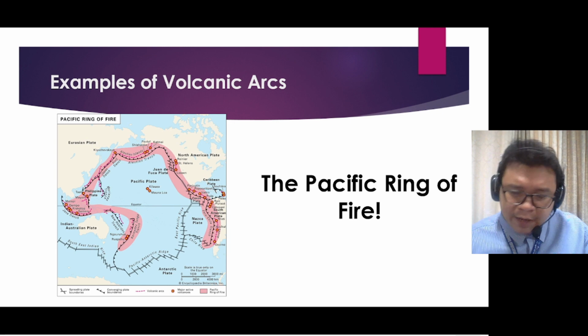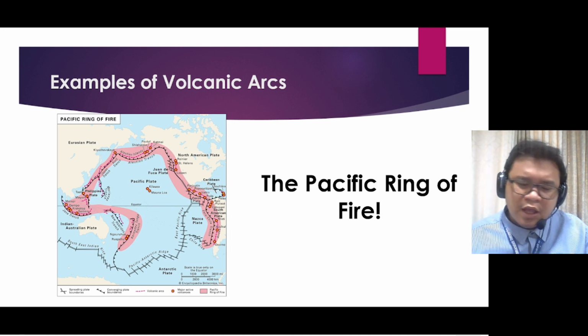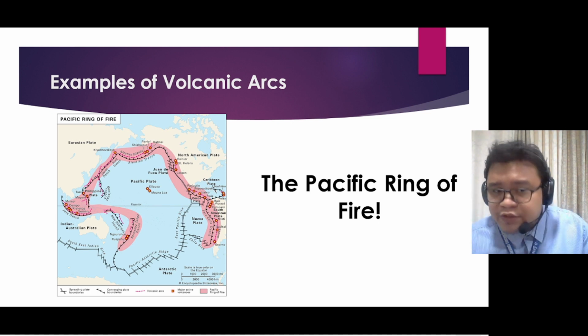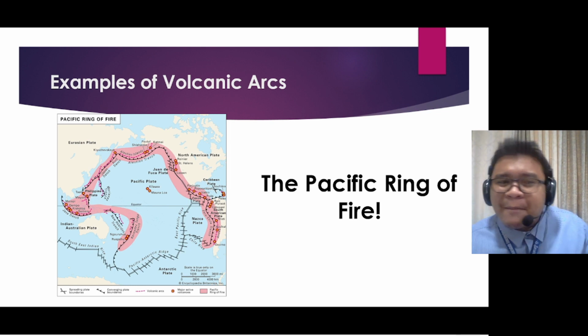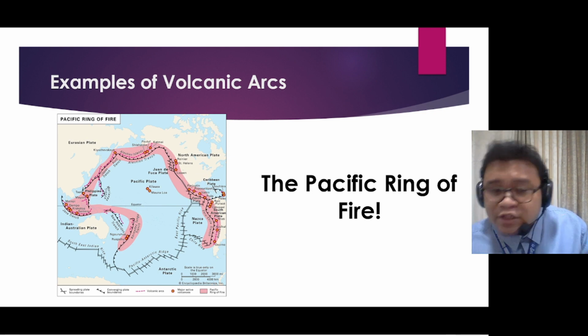We also have Japan, the Philippines, and Indonesia, which are, of course, chains of volcanic arcs. So that's why the Pacific Ring of Fire is a very good example of a place where these volcanic arcs are usually found. And no wonder these areas are very active tectonically speaking.